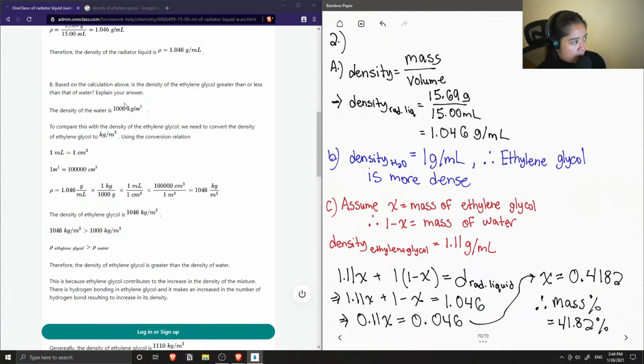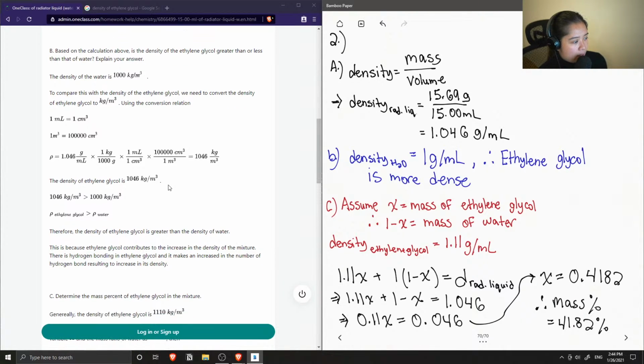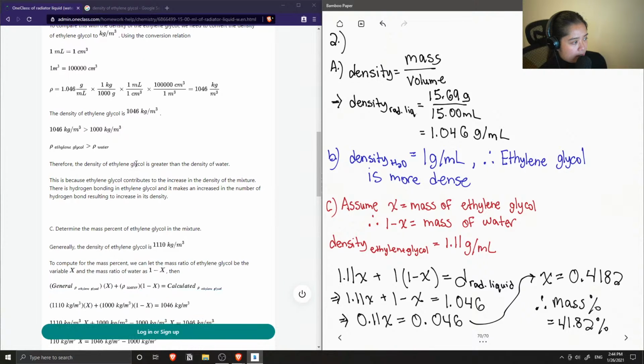And then they wrote out the density of water is 1000 kilograms per meter cubed, which is the same thing as 1 gram per mL. So they converted their answer from the previous step to kilograms per meter cubed, and they found that the density of ethylene glycol is greater than the density of water.